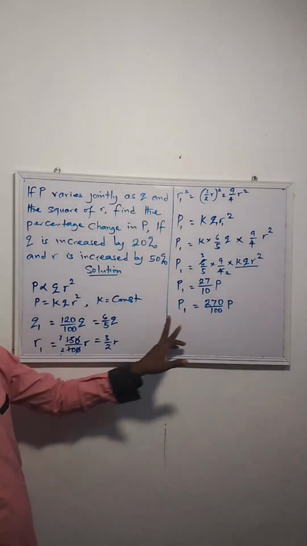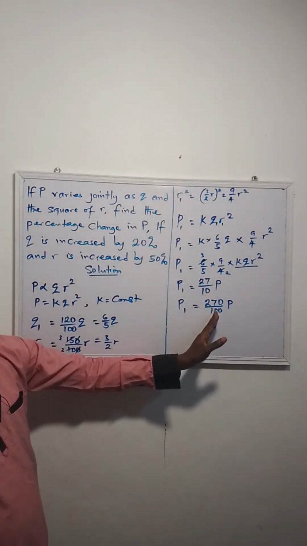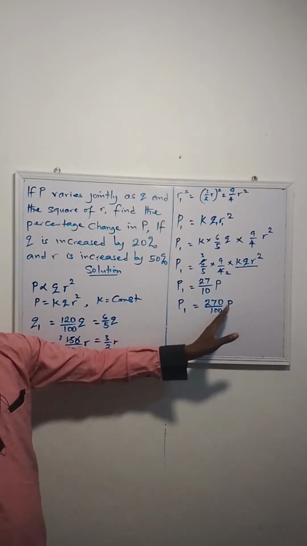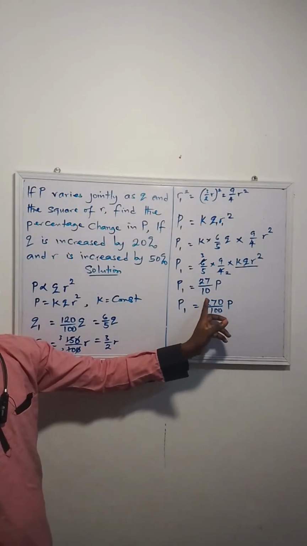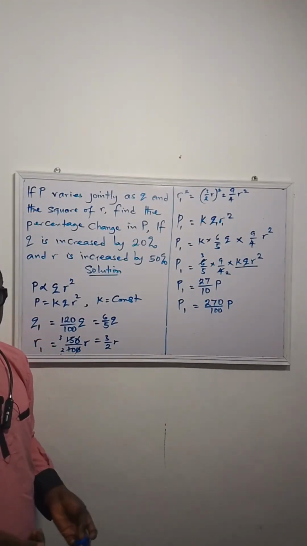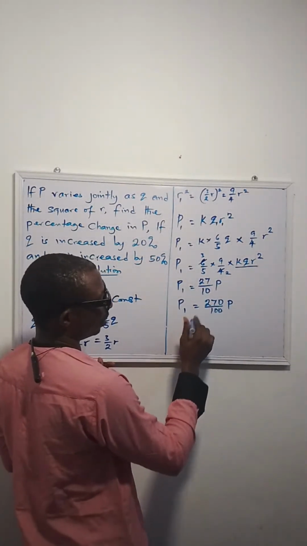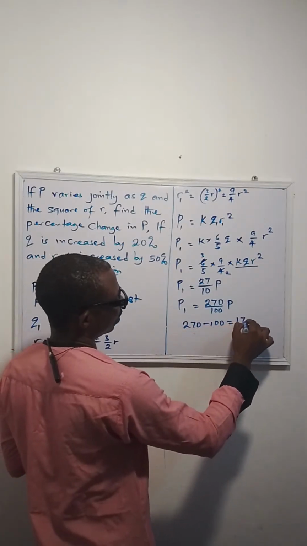It's still the same thing as what we have here. Okay, you can see the change now. If they were equal, it would be 100 over 100 P. So this time around, this 100 has increased by what? By 170, that is 270 minus 100, which gives you 170.